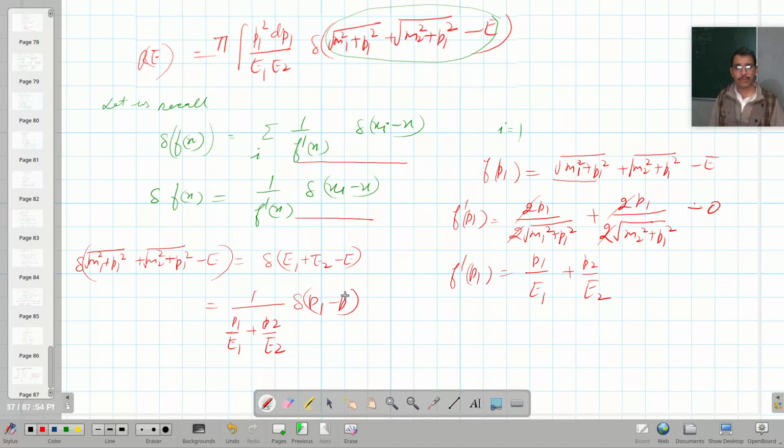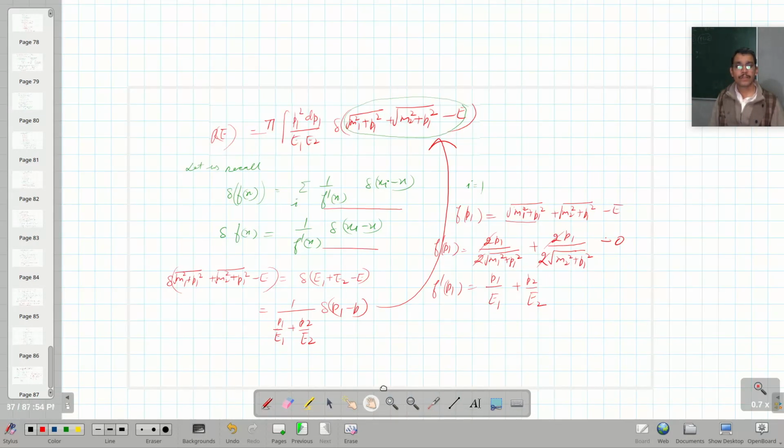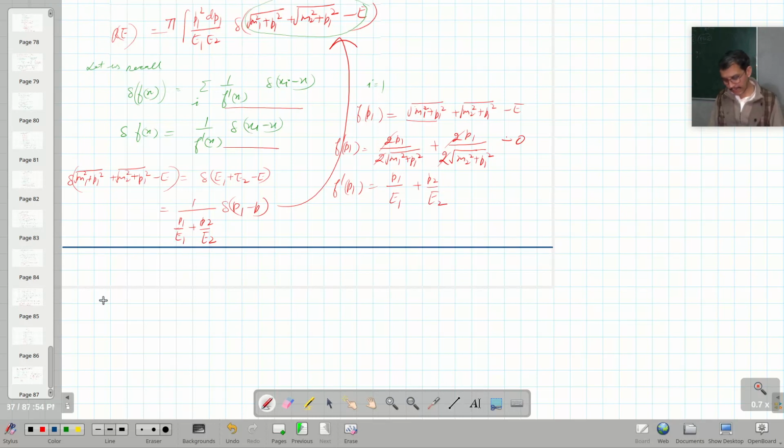If I put its value in this equation, then this equation will become, it is not R but R2, because it's for the two particles. I missed it earlier. So it is R2(E).